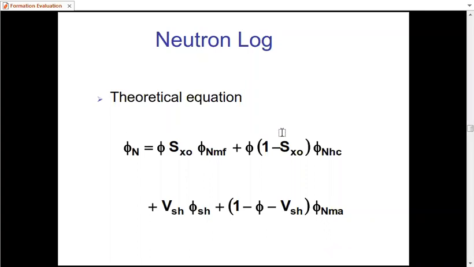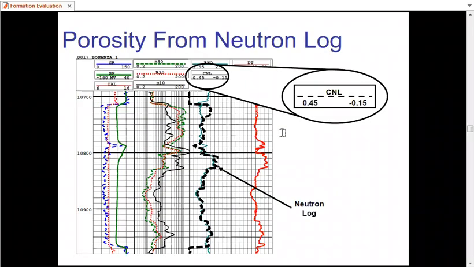It is a theoretical equation, not a practical equation for all types of formation. When we are talking about porosity coming from the neutron log, we are talking about the neutron log response. As you see, the neutron log response could be different from the density log response.